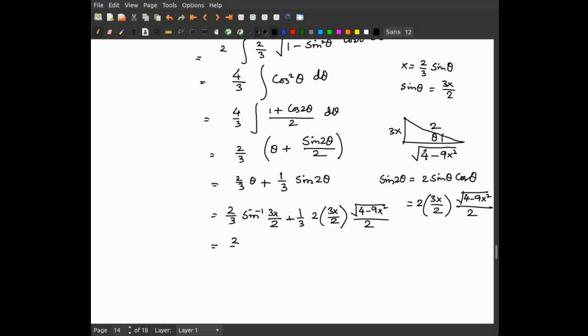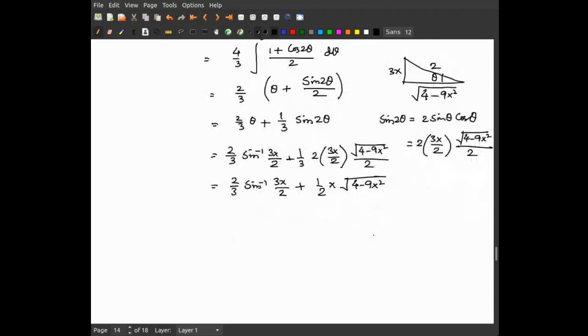Let's make it simpler. That would be 2 over 3 sine inverse 3x over 2 plus, the 2, 2, and 3, all of them cancel. We have half x times the square root of 4 minus 9x squared.